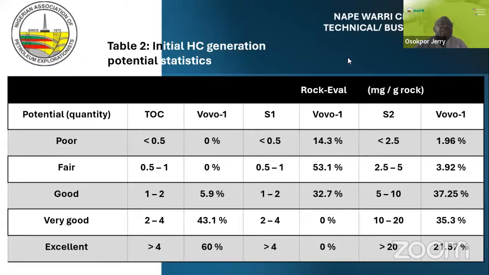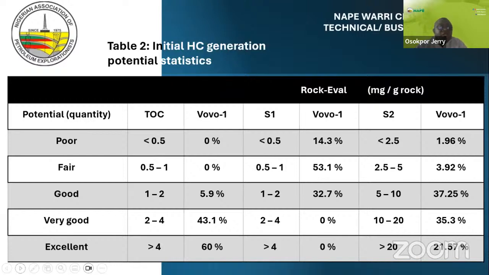Table 2 presents the generation potential, because the first step in carrying out source rock analysis is to find out whether these rocks qualify for any further analysis, or have the potential to generate, because there is a minimum TOC requirement for any material to be considered as source rock.